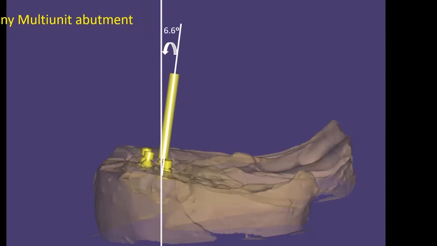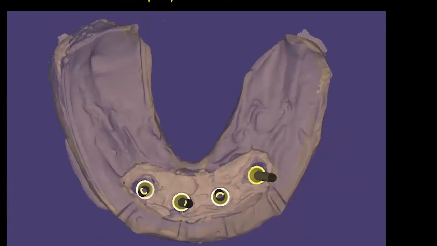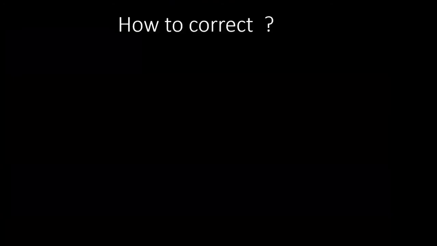The prosthesis will fit easily because it has conical geometry, so it will just flip or snap into place without any activation, but it will become active when you insert the screw. So if after using a multi-unit there is still a deviation, it will create activeness in the prosthesis. So how do we correct this problem?